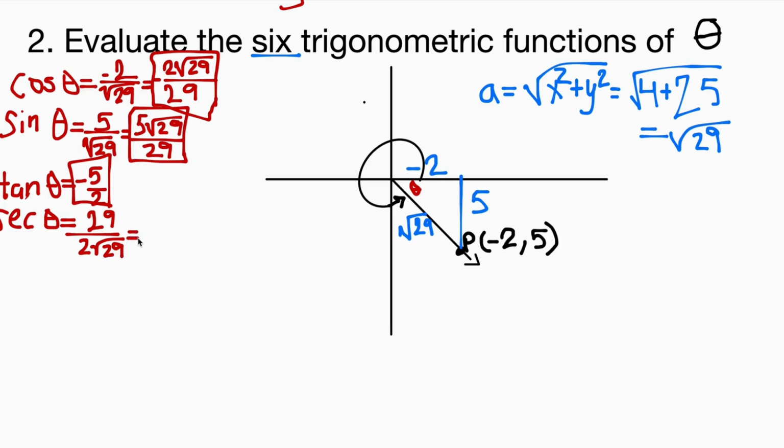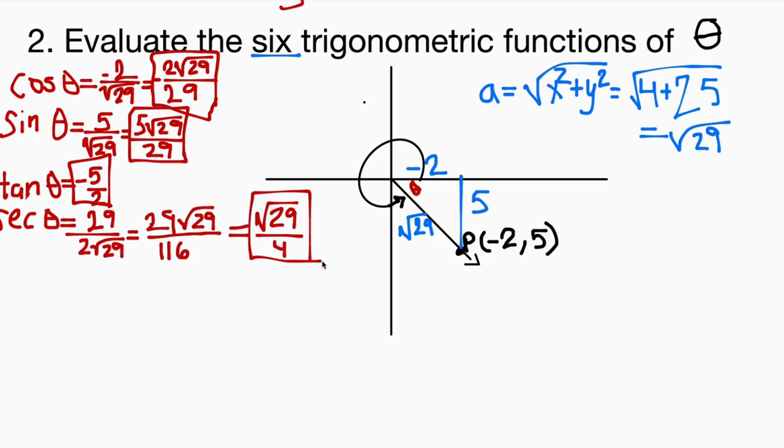We then rationalize the denominator and multiply them out, so we would get 29 root 29 on top, and on the bottom 2 times 2 times 29, which is 116, but that can still be simplified to negative root 29 over 4. So that is your secant value.